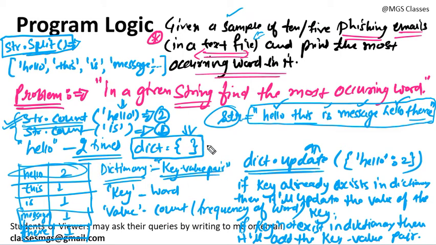Then you should know what a dictionary is, how to create one, and how to insert values in it. You can use the dictionary update method to insert and update both at the same time.